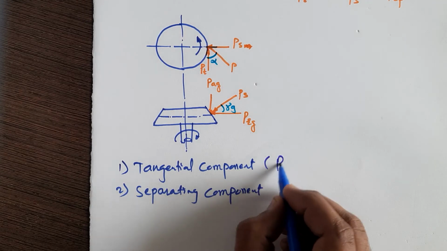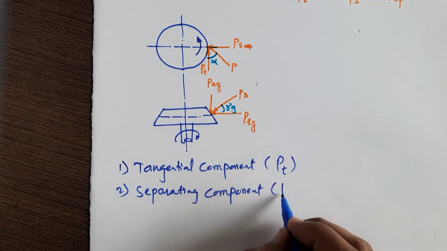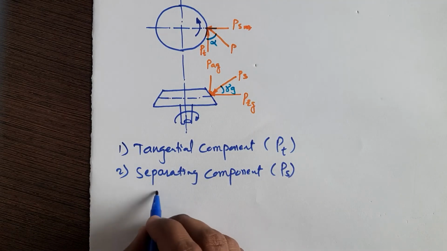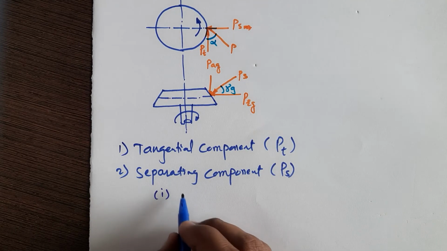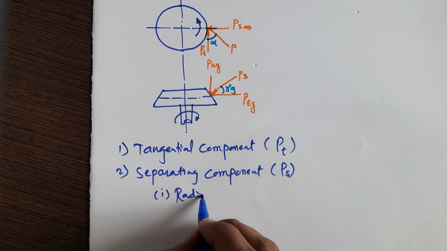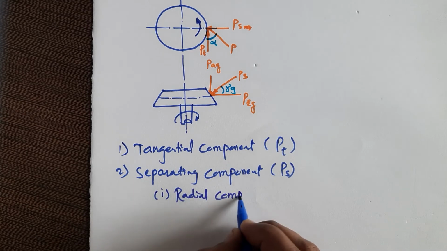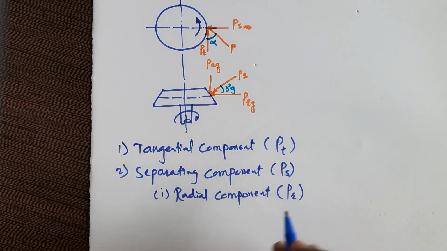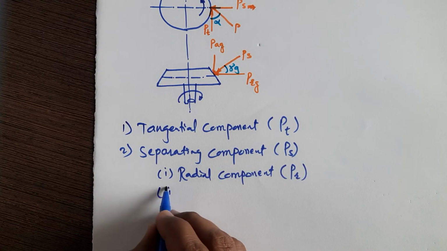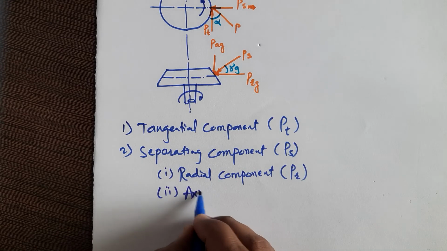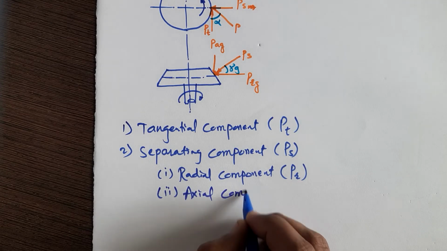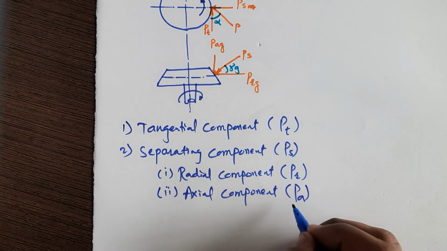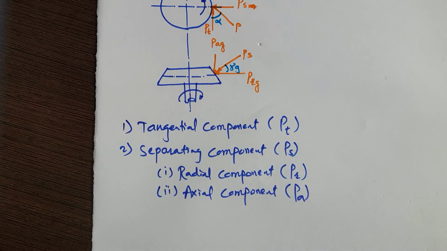Now tangential component we will call PT and separating force PS. Now separating force is again divided in two components. First one is a radial force or radial component, you can call it PR, and second component is axial component or PA.